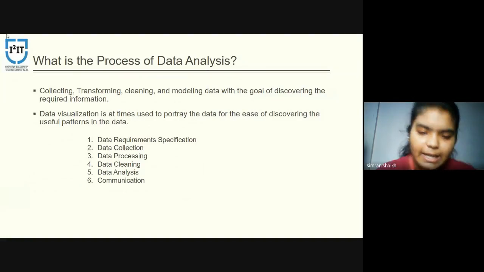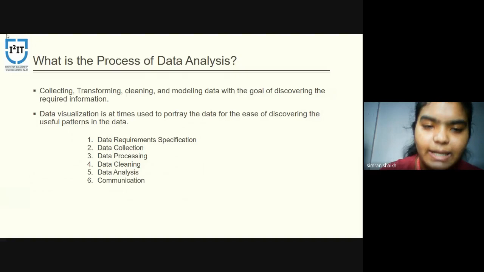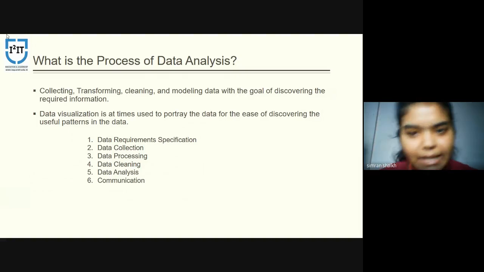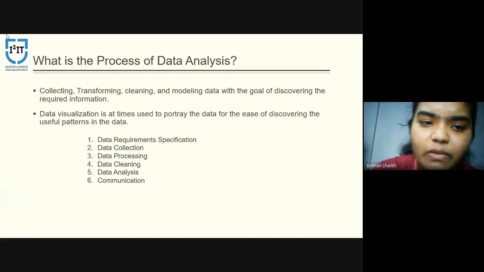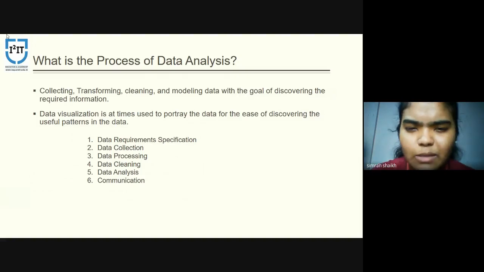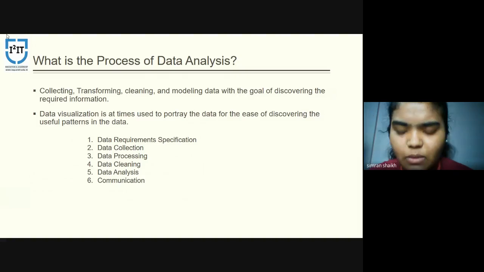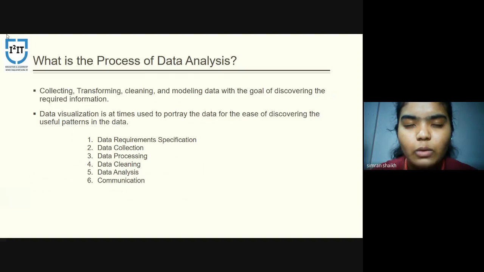It is actually collecting, transforming, cleaning, and modeling the data. Now, data visualization is used at times when you have to portray the data for the user to understand it in an easy way.